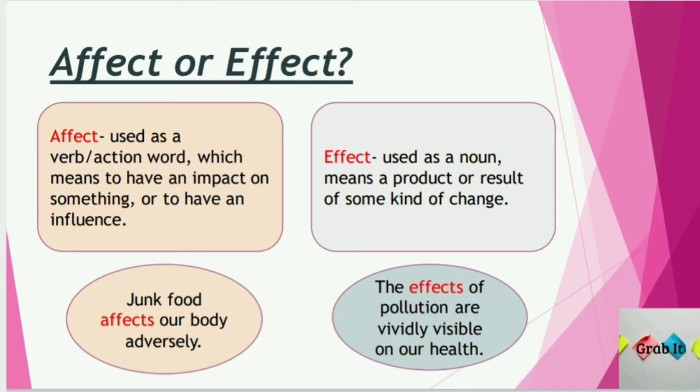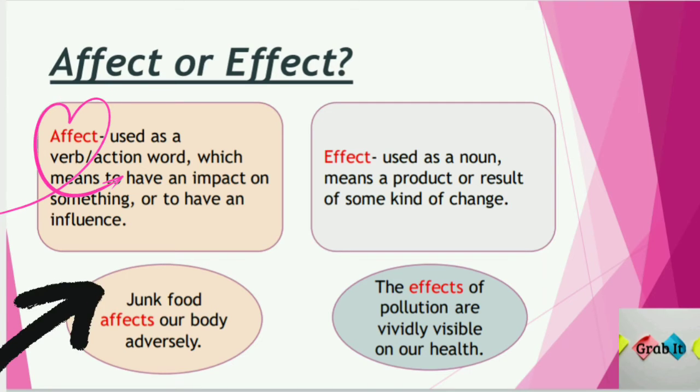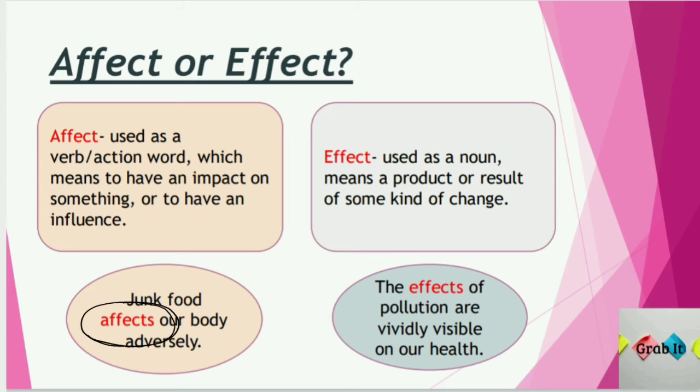Starting with affect, let's quickly move to the example first. Junk food affects our body adversely. Here, the sentence is telling us that junk food is harmful for our health. Hence, it affects our body. So, if you can see here, affects is acting as a verb.